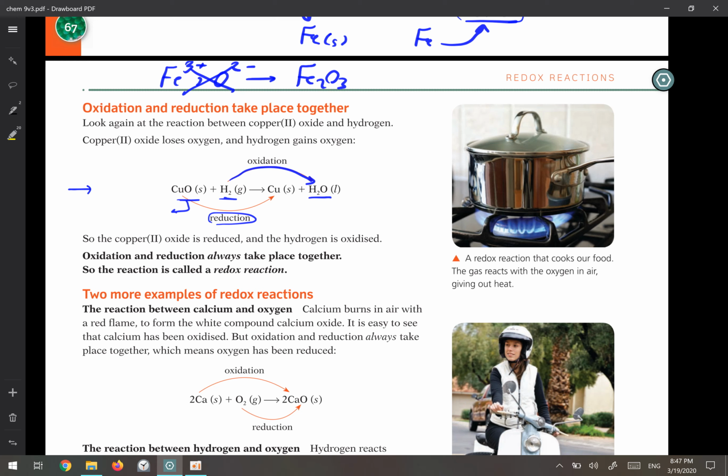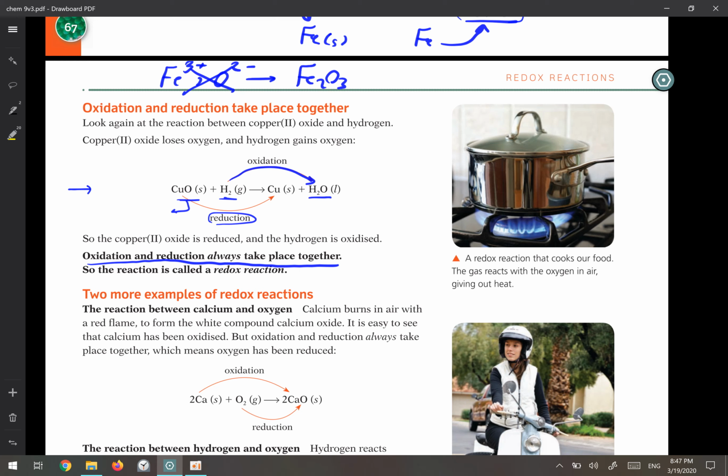So in any chemical reaction, oxidation and reduction always take place together. This is very important. You cannot have only oxidation or only reduction, because if a substance loses the oxygen, there must be another substance to gain it.